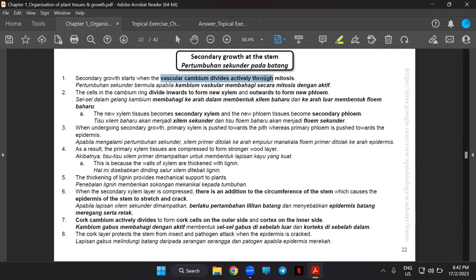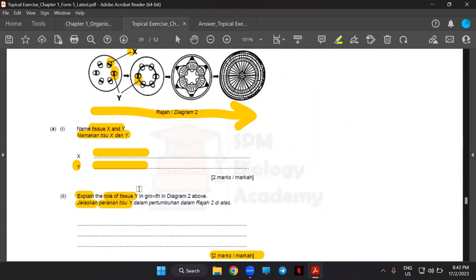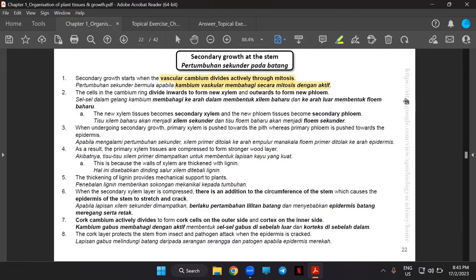Vascular cambium divides actively through mitosis. Cambium vascular membahagi secara mitosis dengan aktif. Itu peranan tisu Y. Role of tissue Y, dia buat mitosis. So vascular cambium divides actively through mitosis. Cambium vascular membahagi secara mitosis dengan aktif.